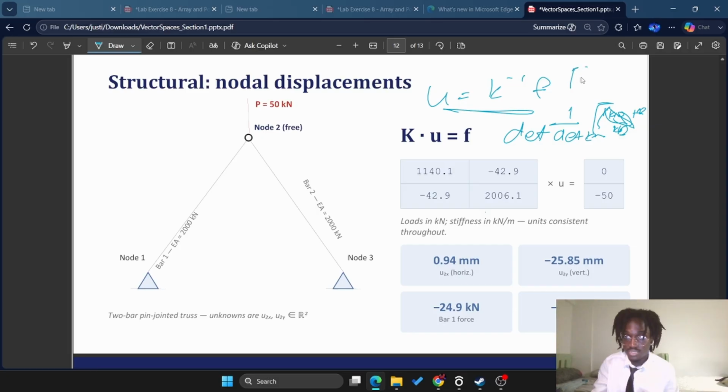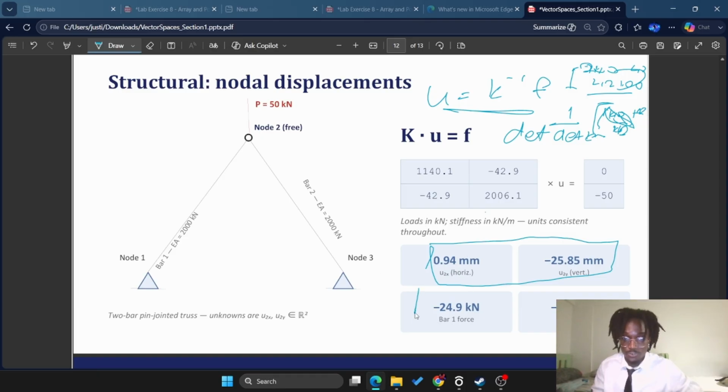So it's going to be 1000 and 2000 up here, then 1000 down here, and then 42 up here and 42 up here. Then we get the inverse, and we can multiply that by F, and we should get these two values over here. And then when you take these values, we can use the axial force and compute the actual force in newtons. Okay.